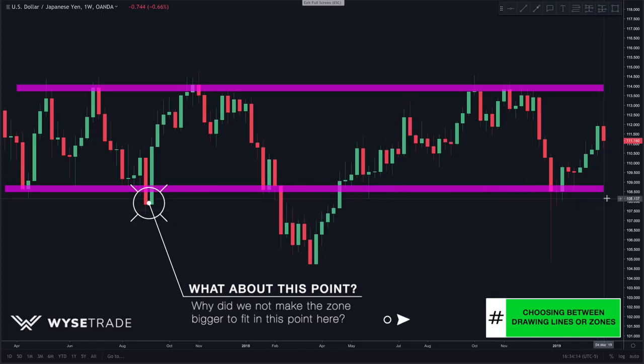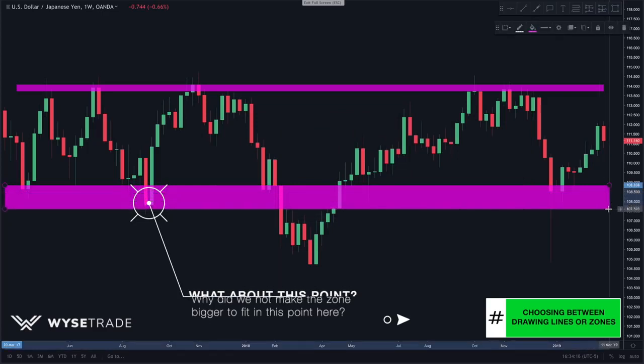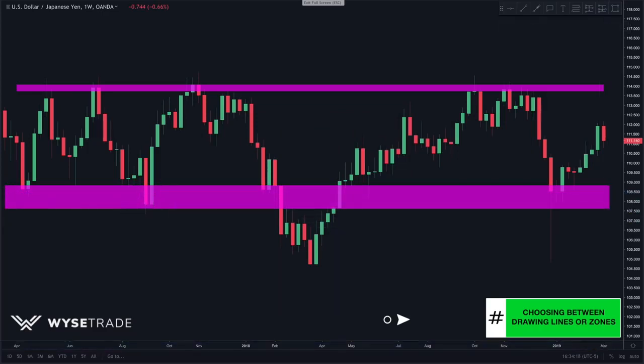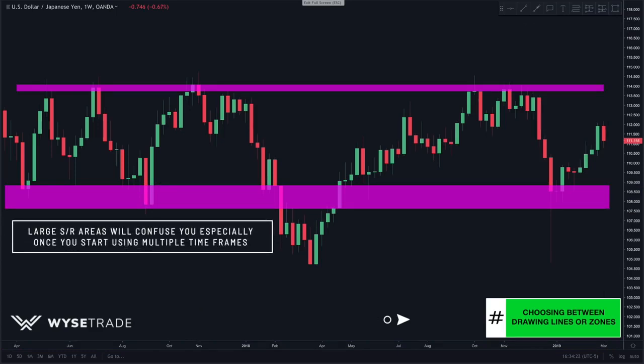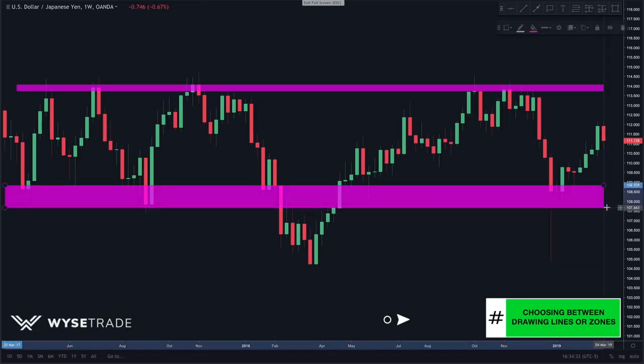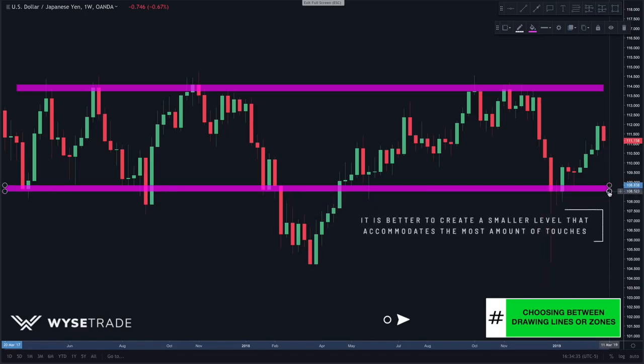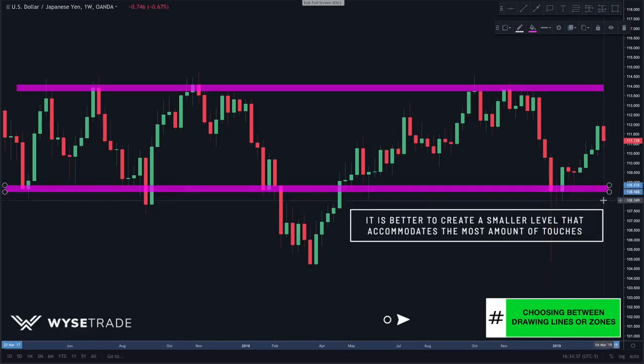Because let's say you were to draw this big zone here to accommodate for this low here. 1, it looks terrible, and 2, you'll end up confusing yourself with such a large area, as it gets even worse once you start using multiple time frames. So instead, we opt to create a smaller level that accommodates the most levels that it can touch.